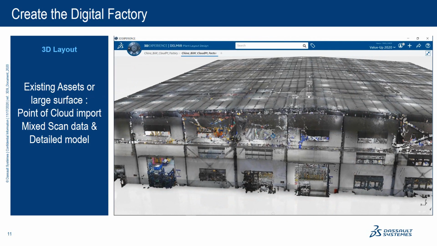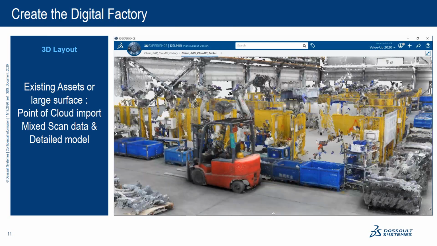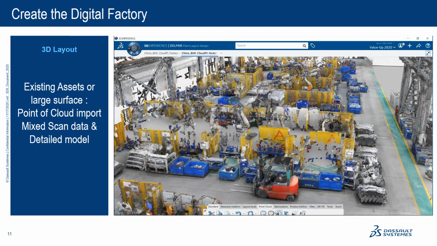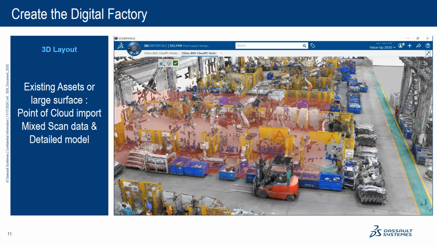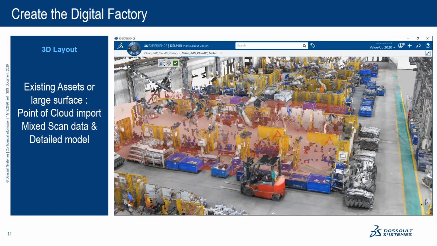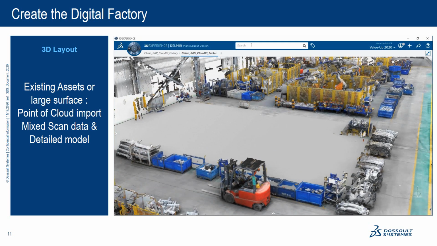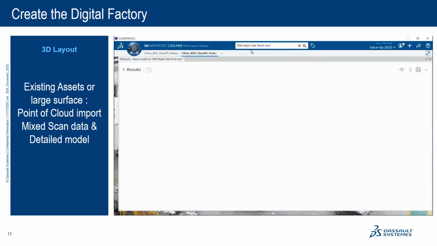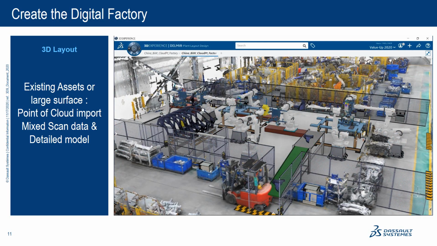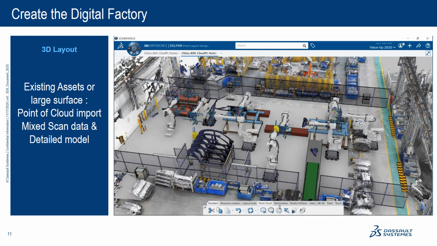So starting with the shop floor definition, you have a factory. What you can start to do to have the model of your factory is work with 3D scan. Today it's very common to have a 3D scan of your assets, your factory, and from this 3D scan you can do a mix with a detailed model.